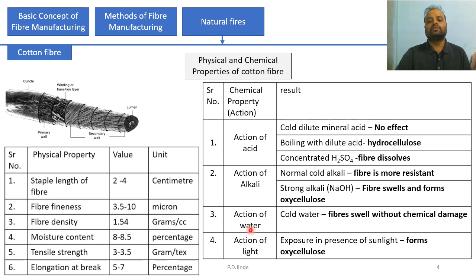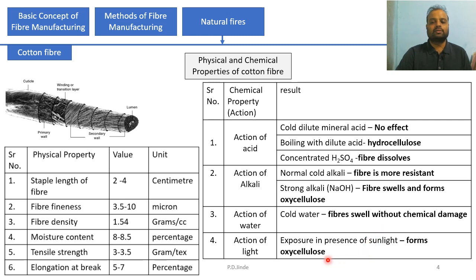Similarly, in case of action of light, means exposure in presence of sunlight, because of sunlight, which carries UV rays, fiber starts degrading and forms oxycellulose. Oxycellulose or hydrocellulose, these are chemical degradation, you can say, right?